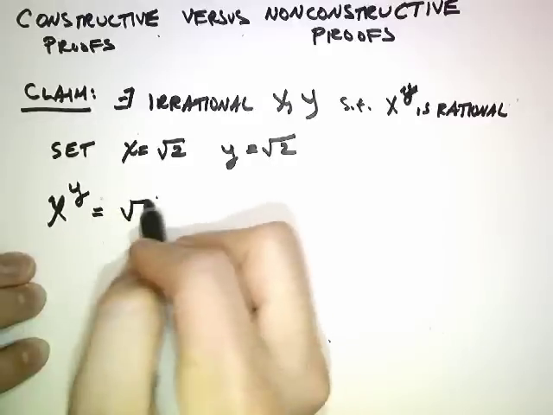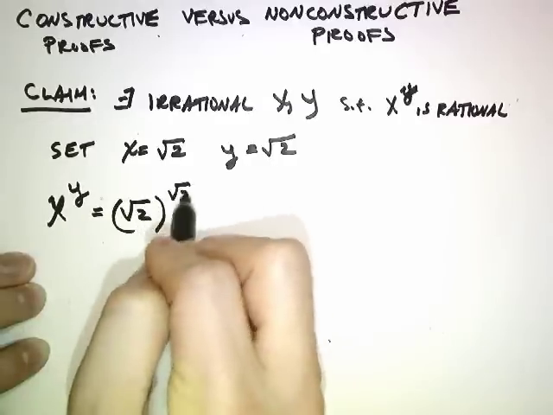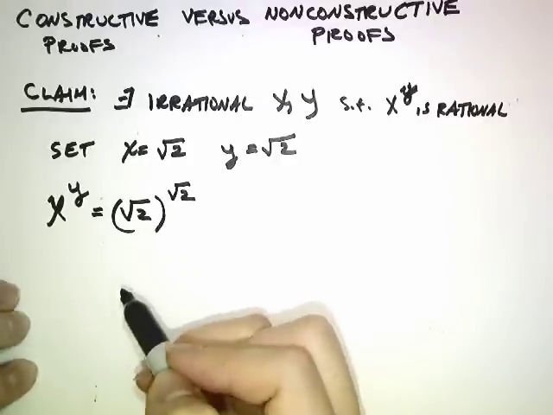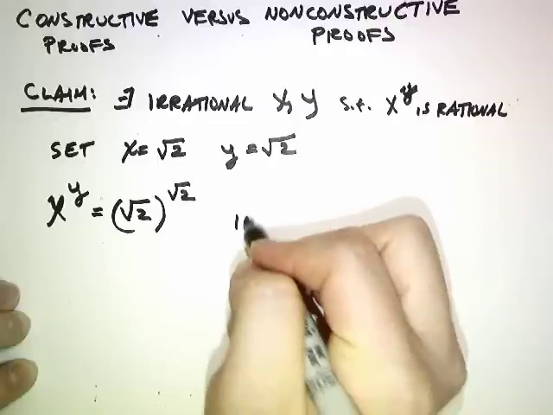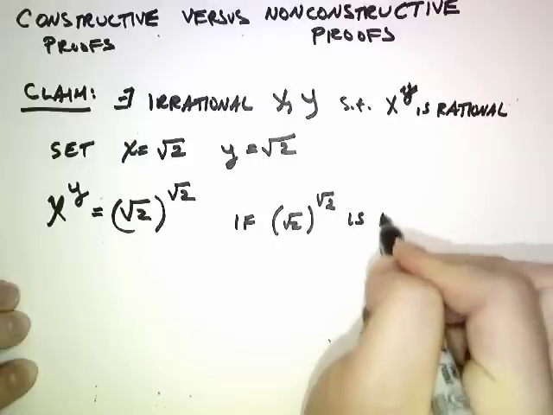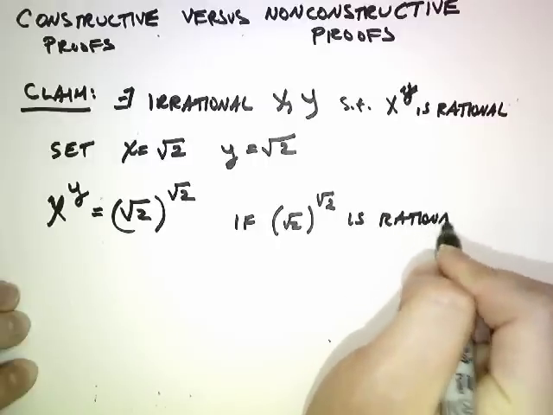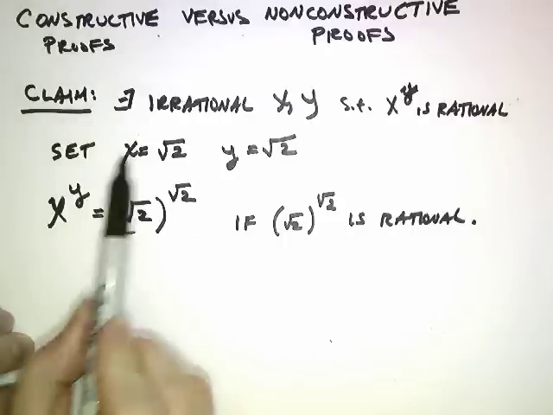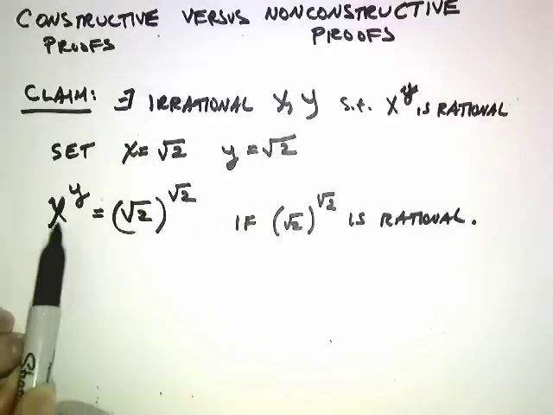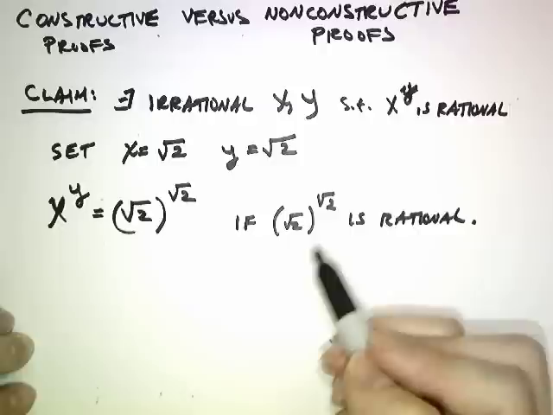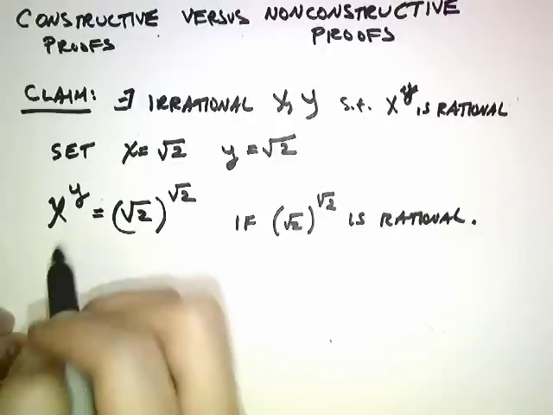Well, this is equal to square root of 2 raised to the square root of 2. This is a strange number. If square root of 2 raised to the square root of 2 is rational, well, then we're done. We've proved the claim. We wanted to show two irrational numbers, x and y, such that x raised to the power y is rational. So if root 2 to the root 2 is rational, we're done.